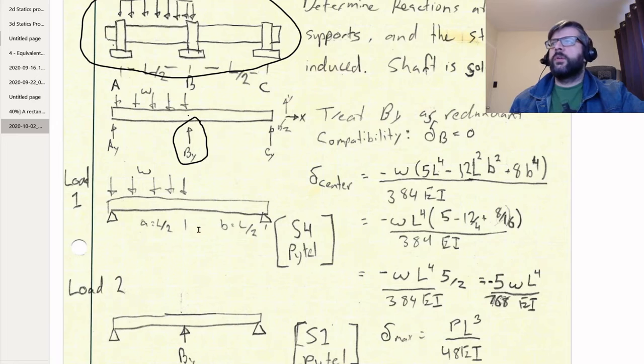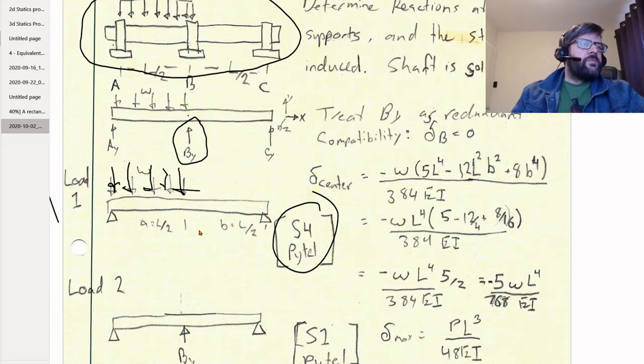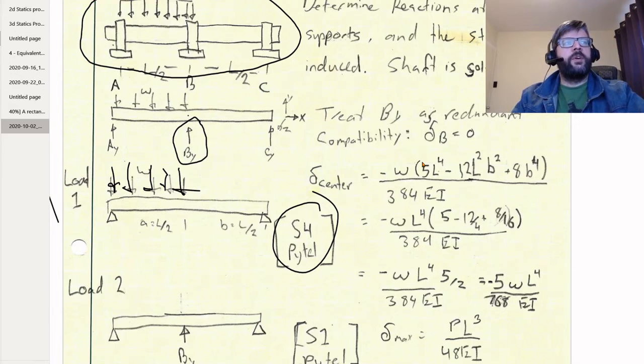be equal to 0 when we add those two together. So the two different load cases: this one here matches S4 in Pytel, the distributed load. The displacement there is negative W times 5 L to the fourth minus 12 L squared times B squared plus 8 B to the fourth, divided by 384 EI.